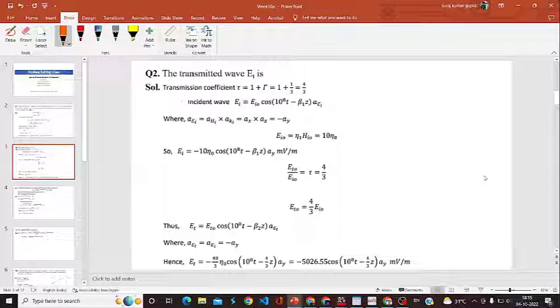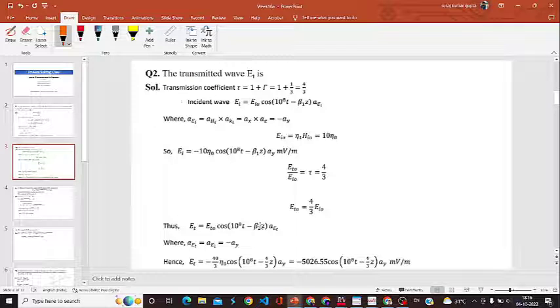Once it is transmitted, the wave will propagate in the same direction, that is, plus z direction, and the orientation of the transmitted wave will remain the same as the incident wave. That's why here a_et is the same as a_ei, which is equal to minus ay, and the argument will remain the same: 10 raised to the power 8 t minus beta into z.